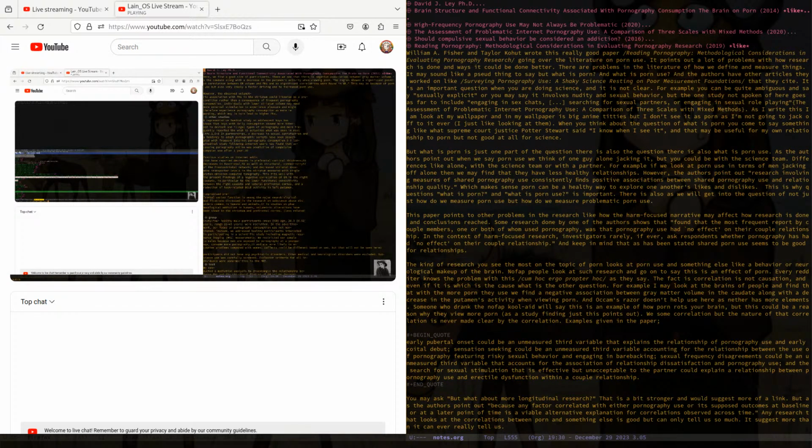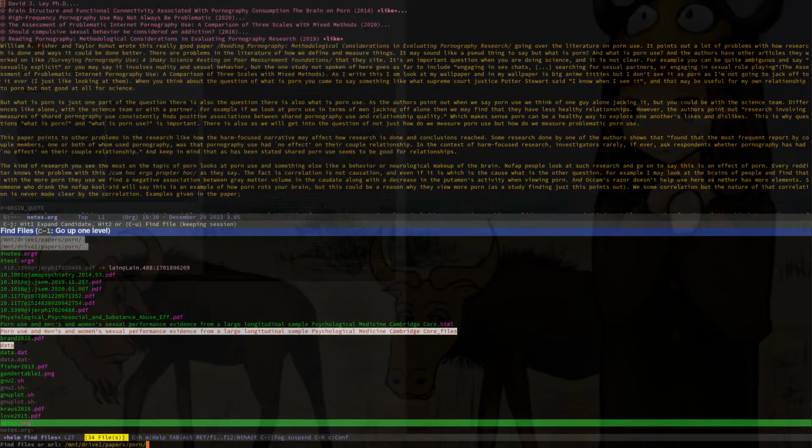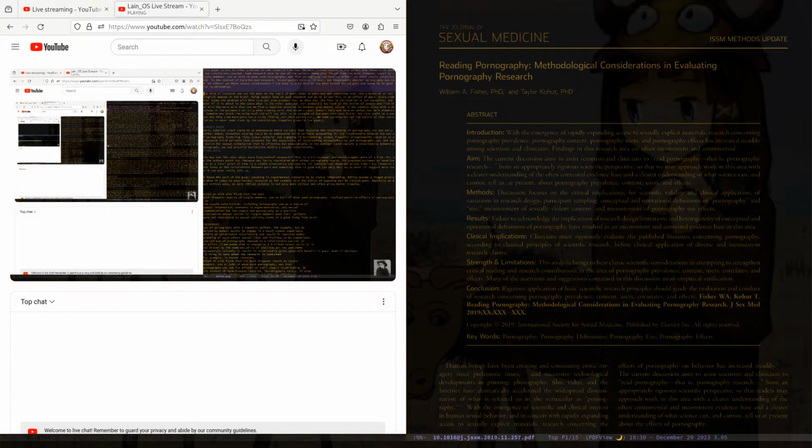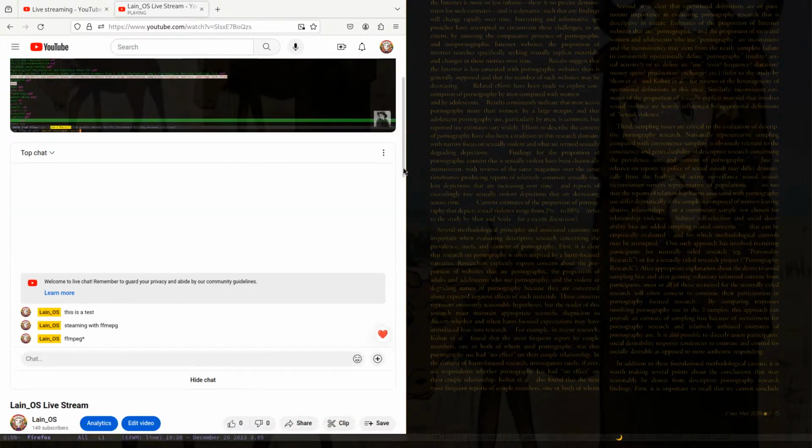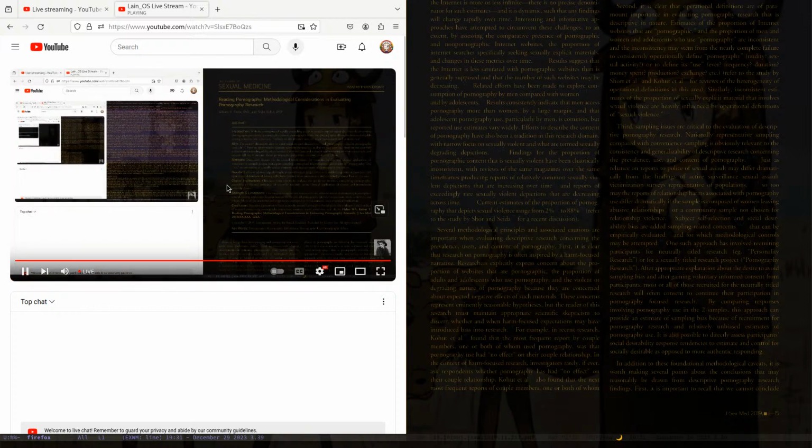This paper, actually, this one, as you can see, I have some fairly long notes. I quite liked this one. This paper, actually, it's right here. This is the paper.